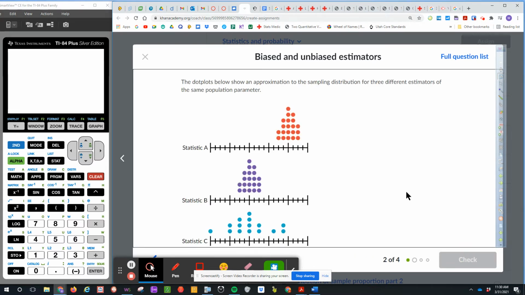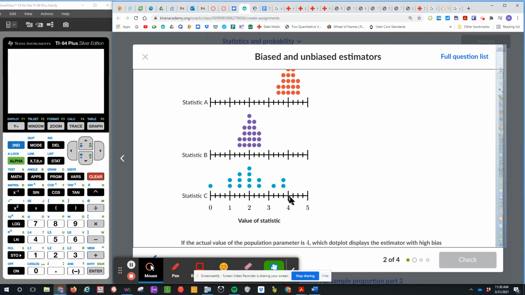Now look at the dot plots. The dot plots below show an approximation to the sampling distribution for three different estimators. If you look at statistic A, it's pretty bunched up, and the mean is about 4.